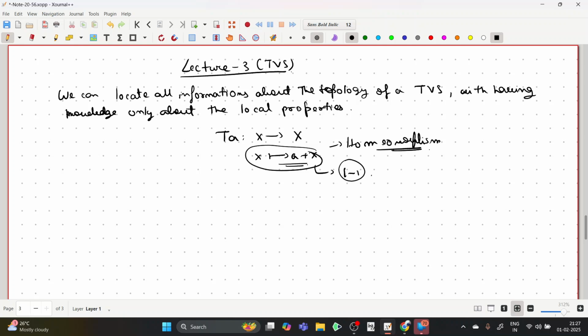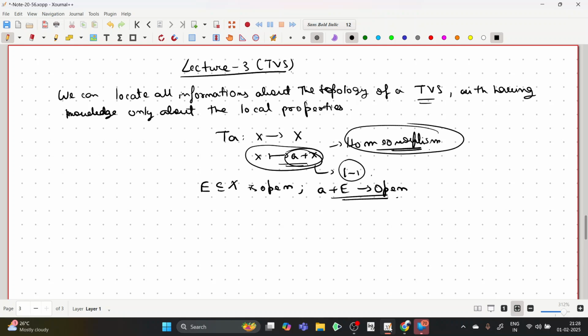So what conclusion did we draw from here? This means that if I have some subset E of X, this topological vector space, which is open, then I can translate it by some vector a, and this will also be open, because the translation is a homeomorphism, right?